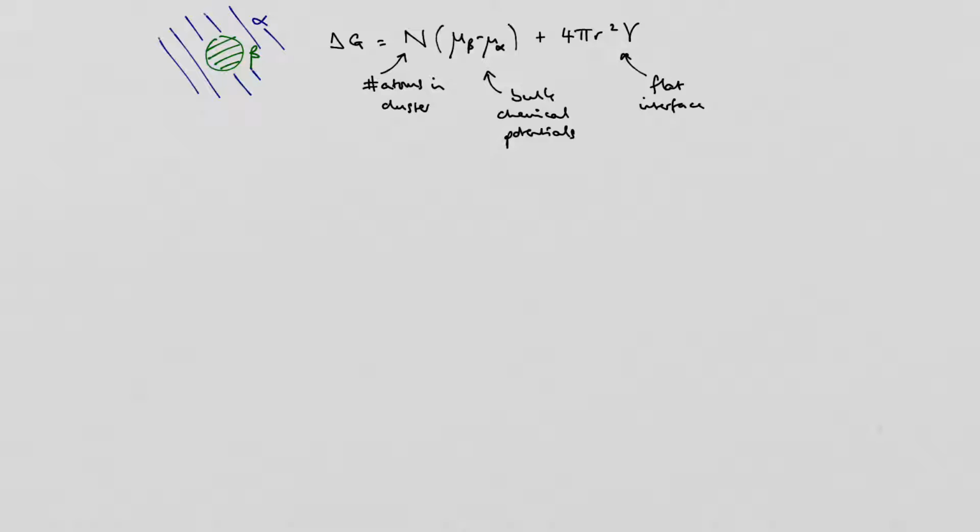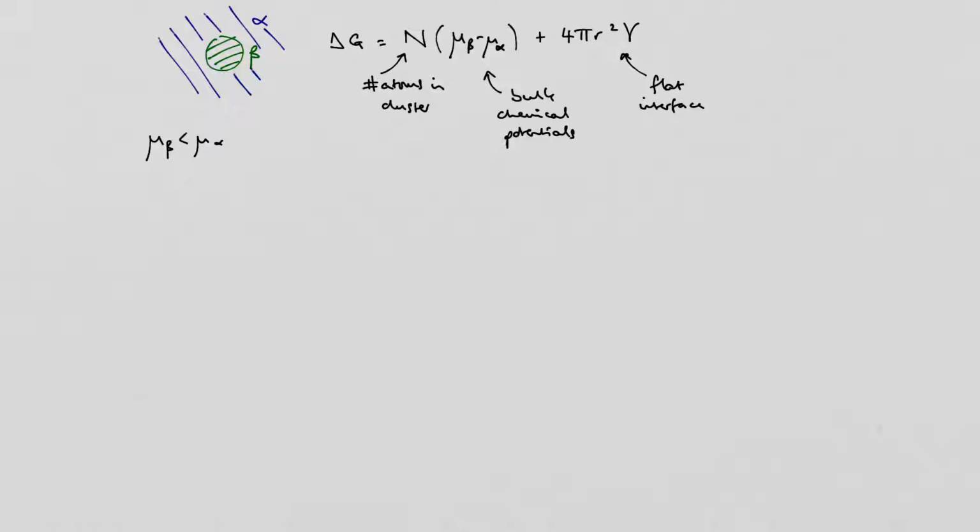In other words, what I'm trying to model here is competition. We better assume that we need to have mu beta less than mu alpha in order to want to do this. So the chemical potential in the bulk for the beta phase is less than for the alpha phase.